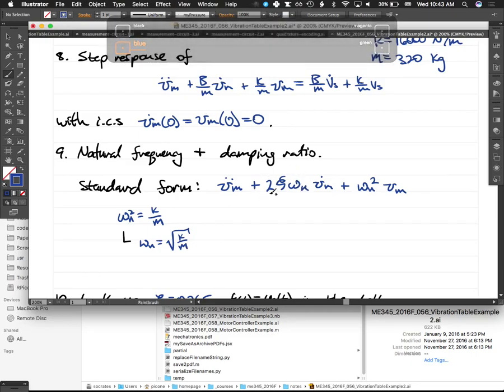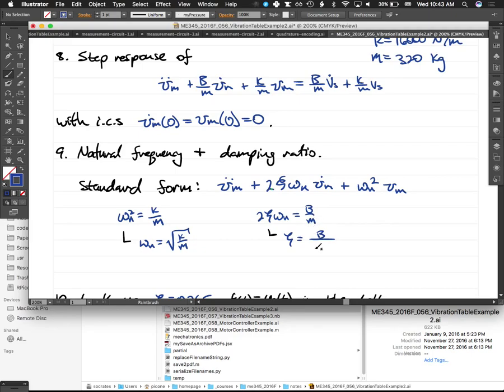So that was easy. 2 zeta omega n has to be equal to b over m. And if we solve for zeta, zeta is equal to b over 2 m omega n, which is equal to b over 2 m times square root of m over k, which is what we got for our omega n.